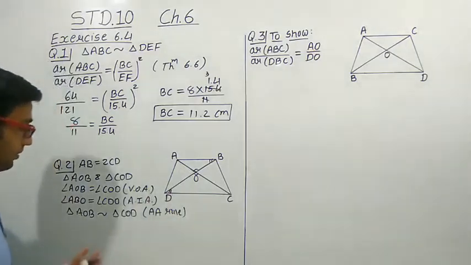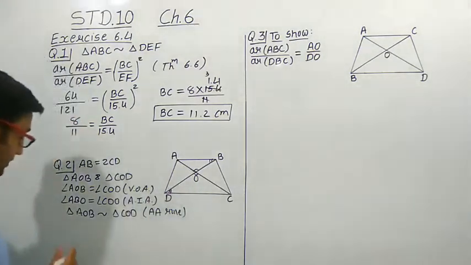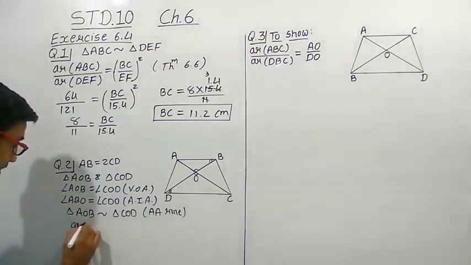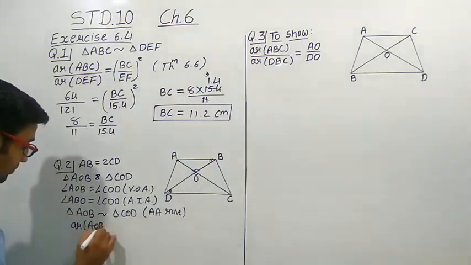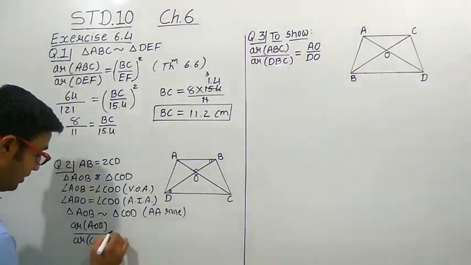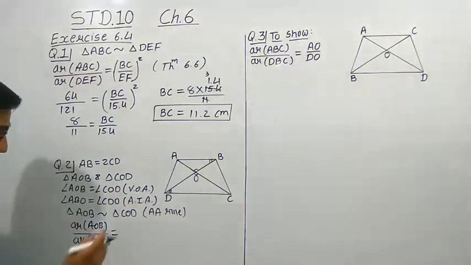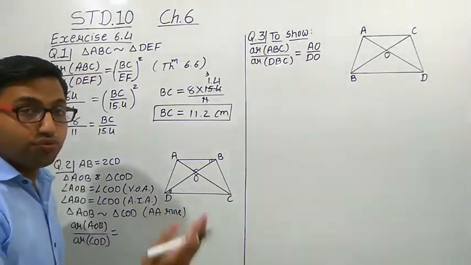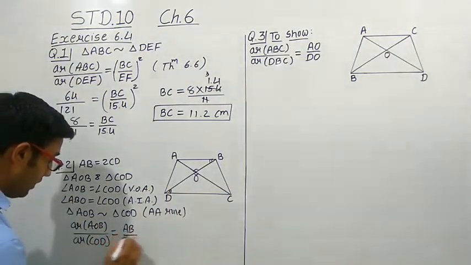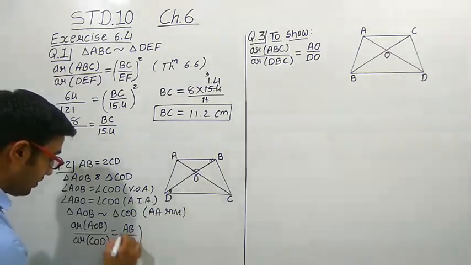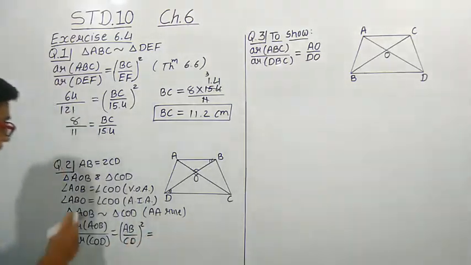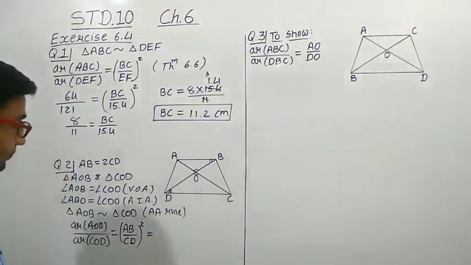Now if the two triangles are similar, we know that the ratio of their areas, that is area of AOB upon area of COD, we can write as the square of the ratio of their corresponding sides. That is, if we take the side AB, then here we have to take side CD, but we have to take the square here. Right? Now we are given that AB is equal to 2CD.